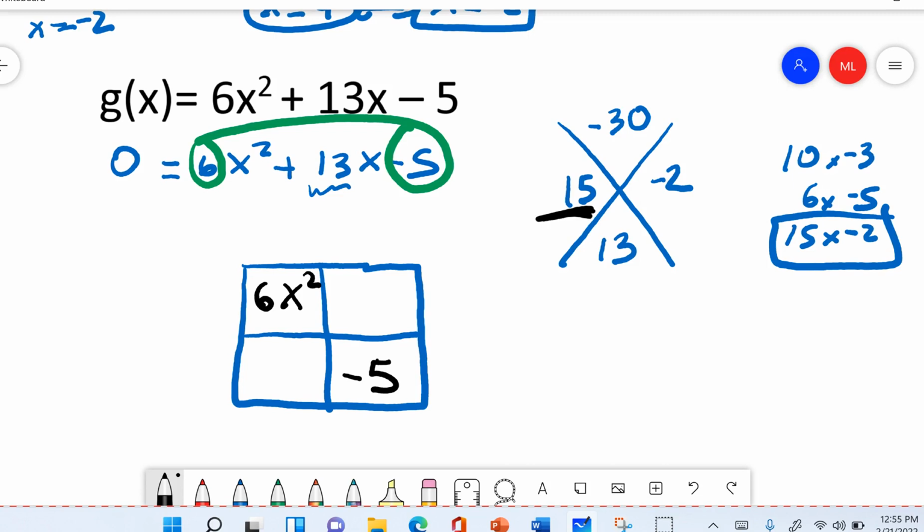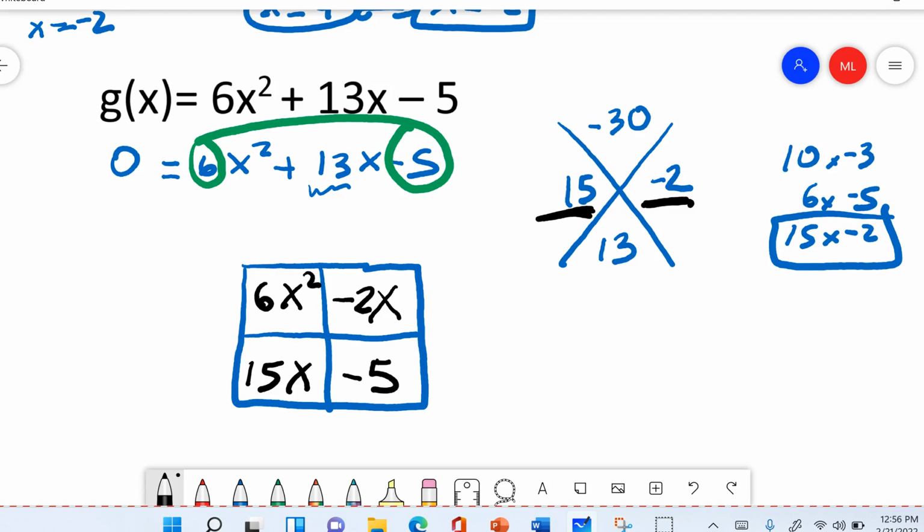These two numbers that we found, 15 and negative 2, are the coefficients that we are going to fill out in these boxes. It doesn't matter where, you will get the same answer. So I will write negative 2x in this box and 15x in the other.